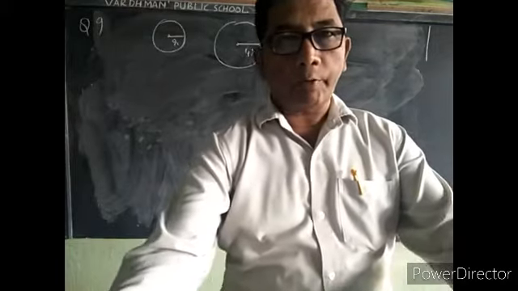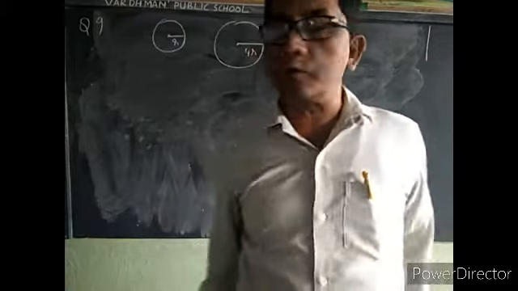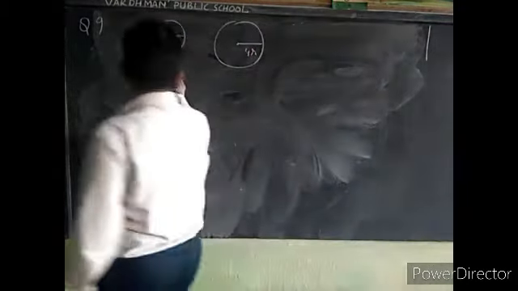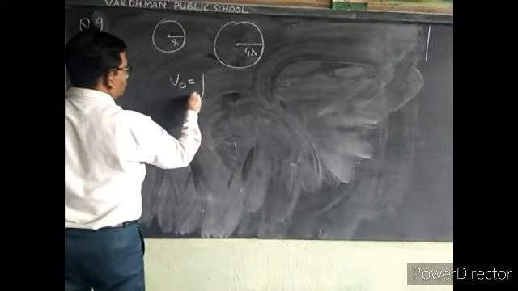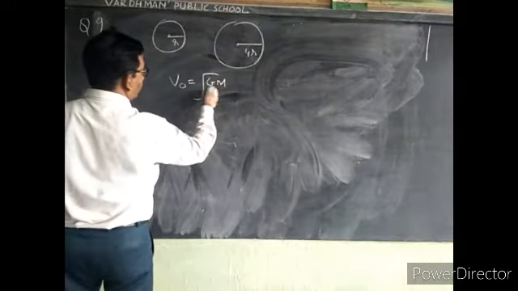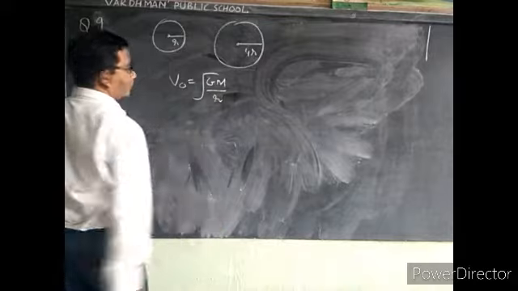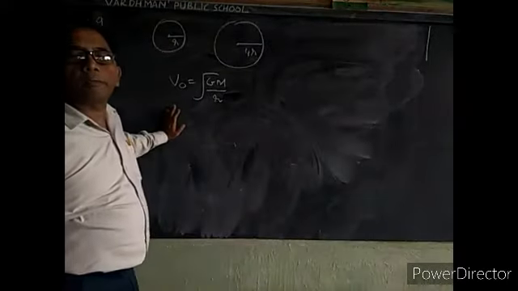We know the formula of orbital velocity: v_o is equal to under root GM upon r.